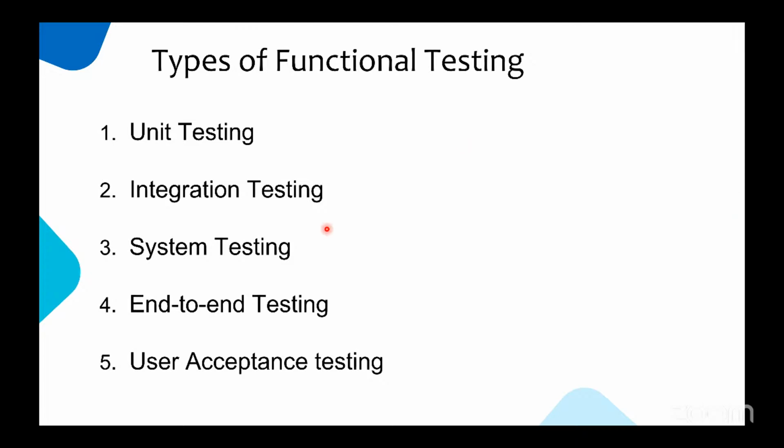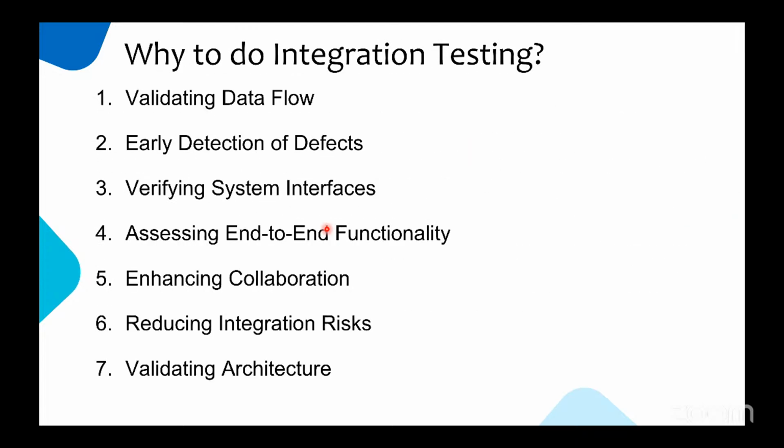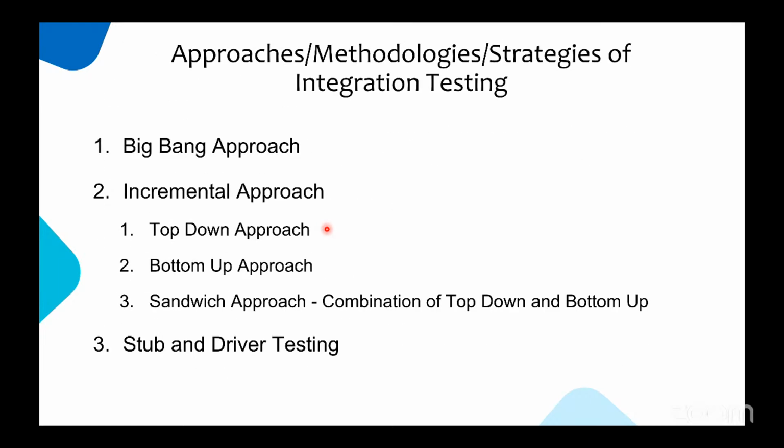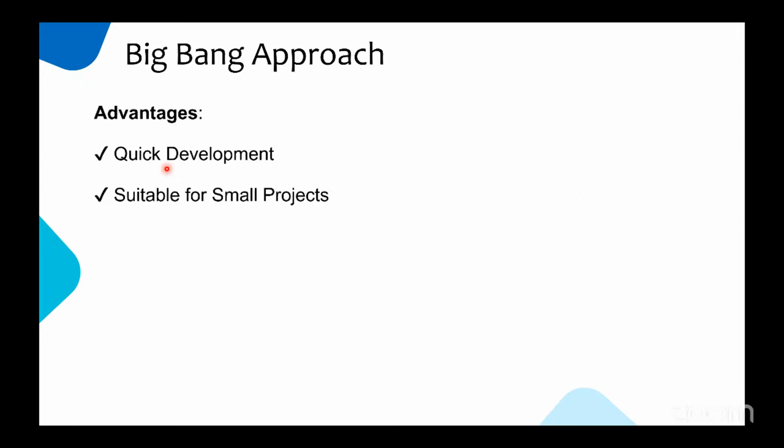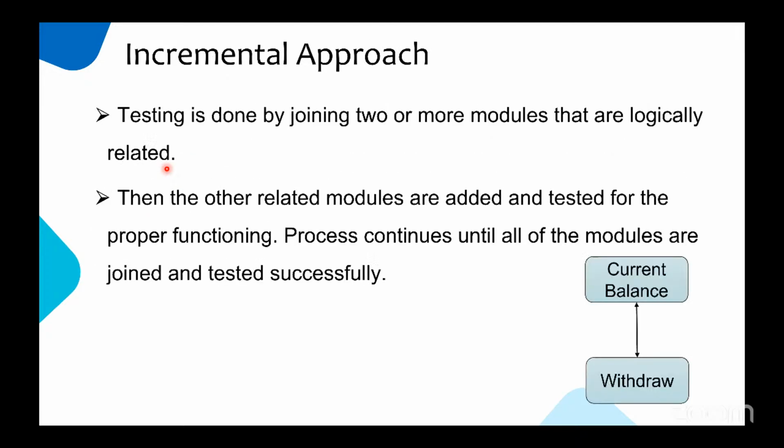Now, integration testing we have already learned. We integrate everything together and test it. If I test all in a single go after completing all the development, when they give it as a single product, that is the big bang approach. Then comes incremental, where we test part by part.